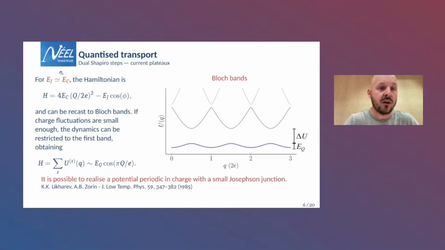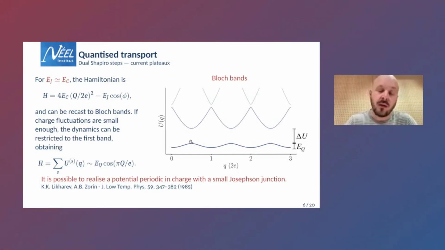If you have a small EJ over EC ratio, or EJ on the order of EC, you can show that this Josephson Hamiltonian can be easily recast into a Bloch band picture. You're just saying, okay, I have a periodic potential, I'm applying Bloch theorem, so I should have periodic wave functions, and similarly to an electron in a periodic potential in condensed matter, you will also have a quasi-momentum that we call the quasi-charge, and you have the effective potential that is, of course, periodic, and you have several bands.